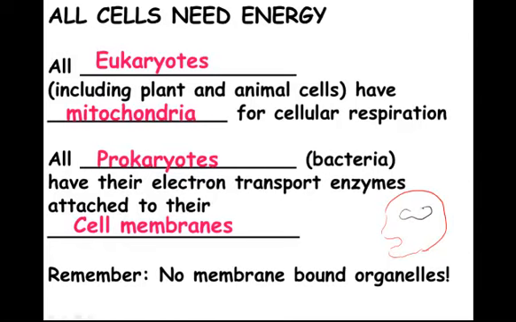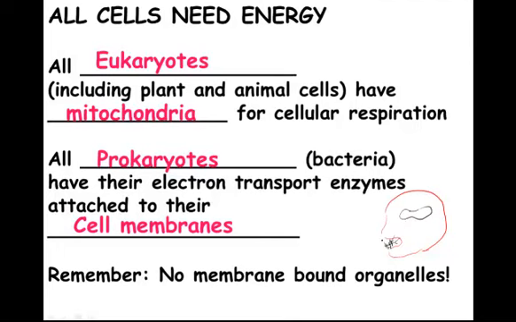But they don't have any organelles: no mitochondria, no endoplasmic reticulum. So what do they do? They pump their hydrogens out of the cell. They make a little indent, like a little bay, put the hydrogens out of the cell in that little area, and then make a concentration gradient, just like we do in our intermembrane space.